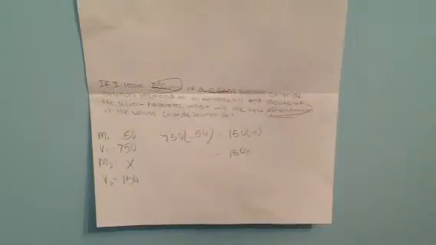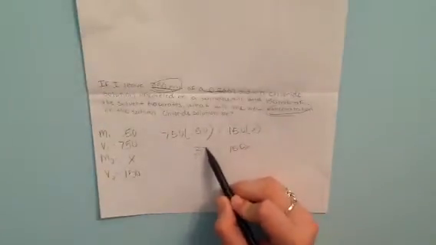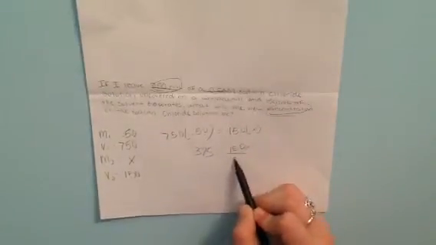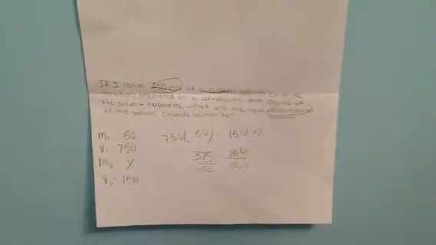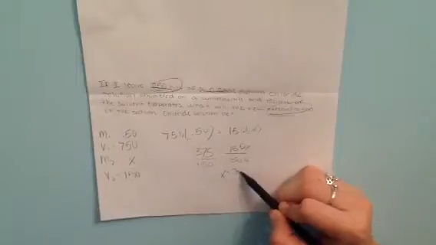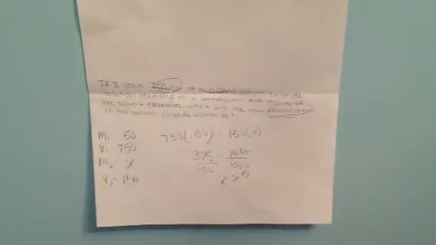So if you put that in your calculator, 750 times 0.50 is 375. You're going to divide this again, because this is the X and you're just trying to cancel it out. So we're going to do 375 divided by 150, and your X is equal to 2.5.